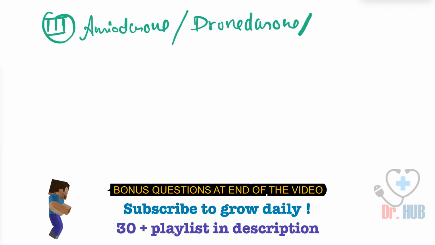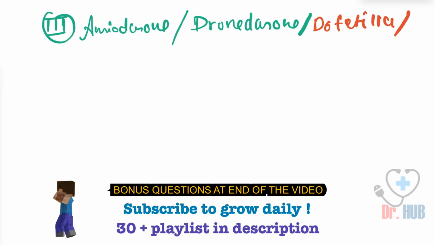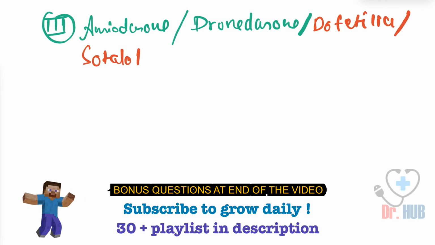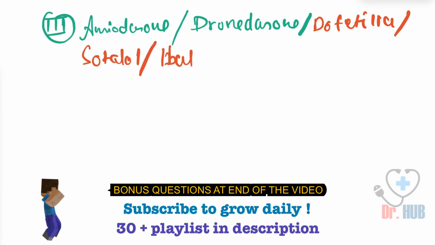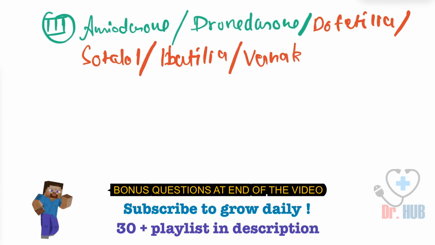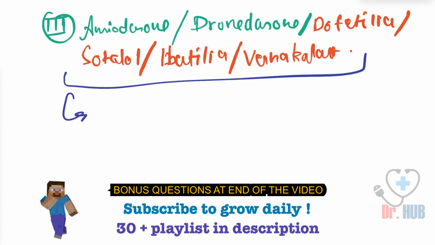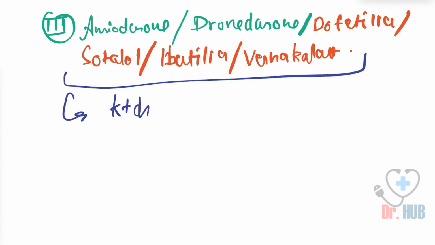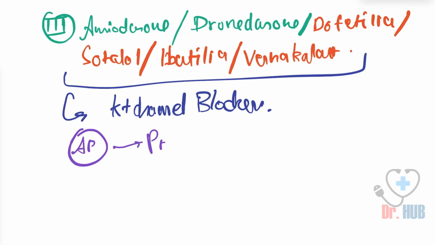Next, it also includes dofetilide, sotalol, ibutilide, and vernakalant. So what we need to know is that they are all potassium channel blockers. So what about the action potential? The action potential here is prolonged.